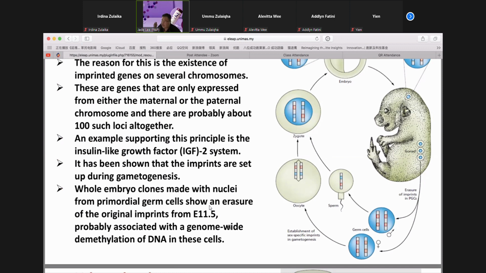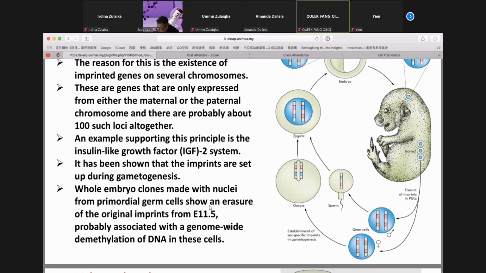That means the zygote makes their own protein, or the transcription of the genes from the zygote starts. Faham tak? Faham, doktor. Sebelum itu semuanya proses pada awal tu adalah daripada contribution from the maternal. Betul?